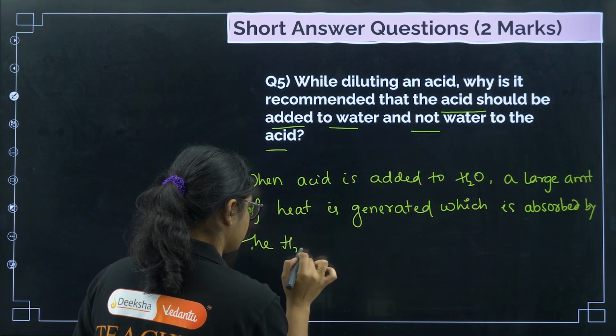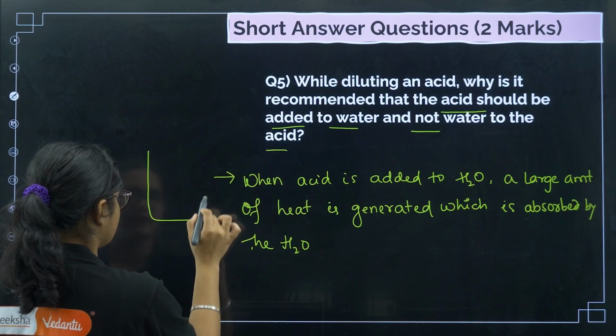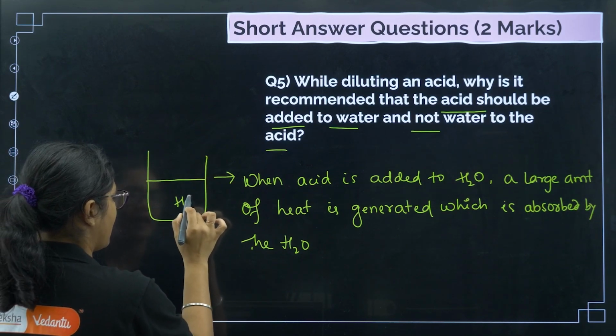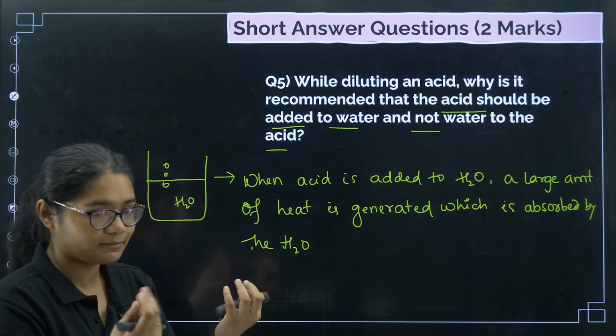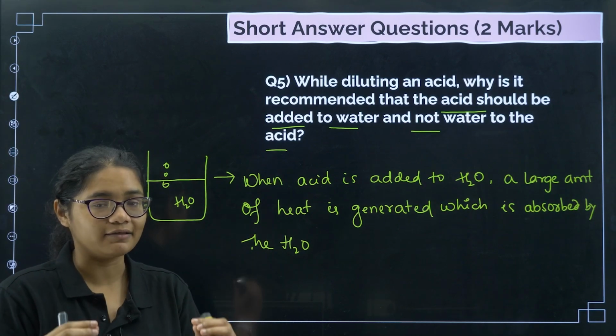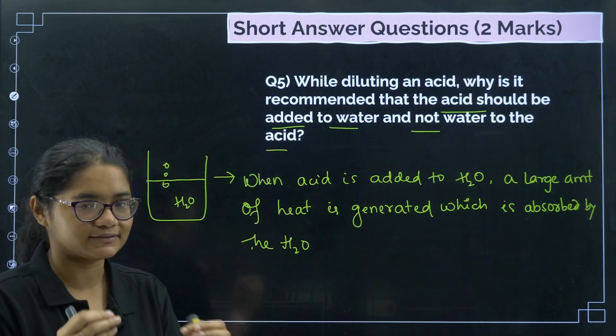Okay, water is there, right, in the container. See, in the container you have water, right, and you added some drops of acid. So heat is generated, but that heat will be absorbed by the water and we do not have any problem or any accident is not caused.